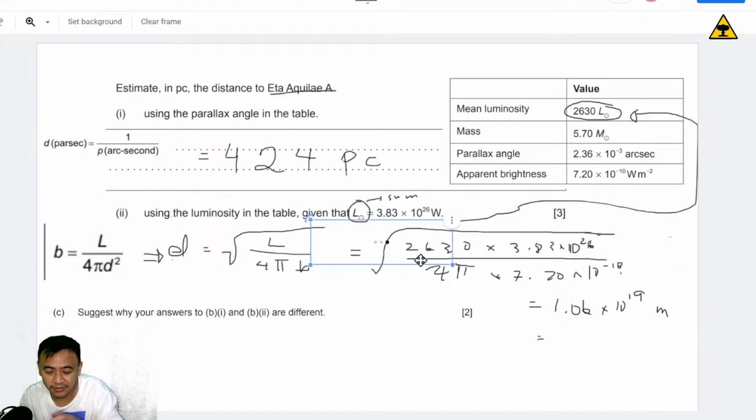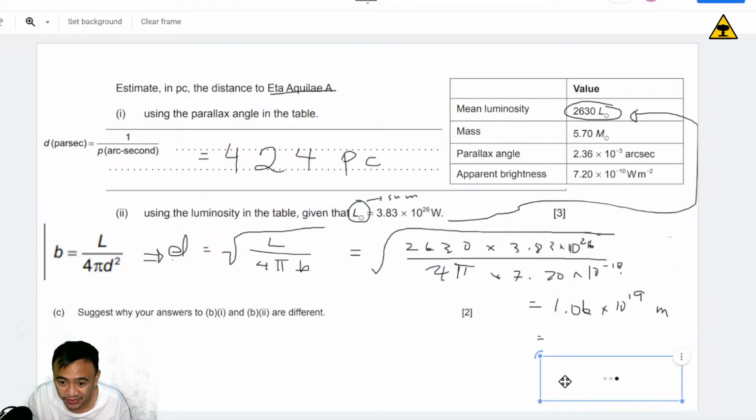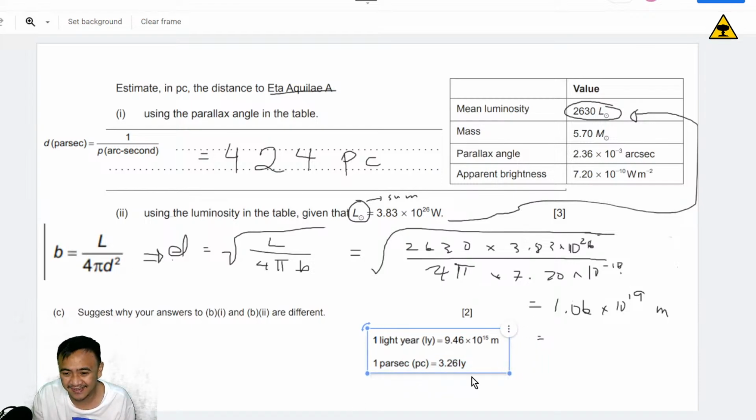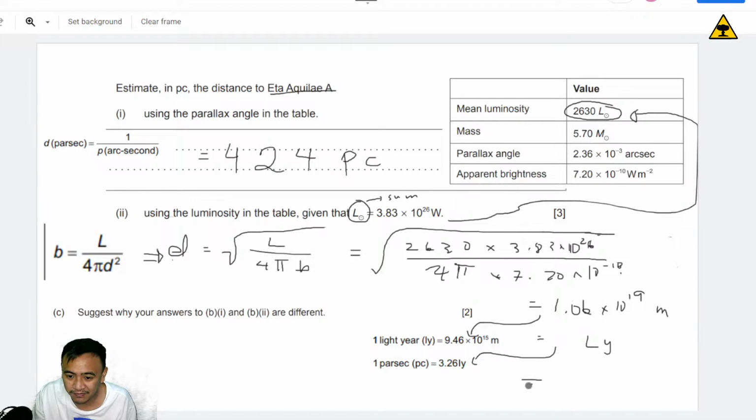Okay, so you can use these two conversion factors to first convert meters to light years, then convert light years to meters per parsec. All right, so that's the idea. Once you get your answer in meters, convert to light years by using this, and use this to convert to parsec.